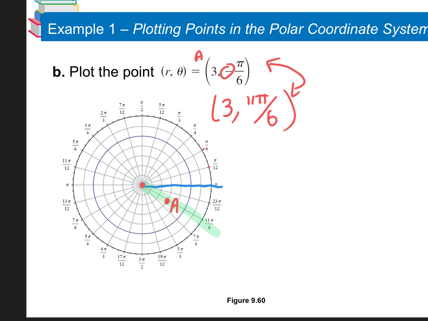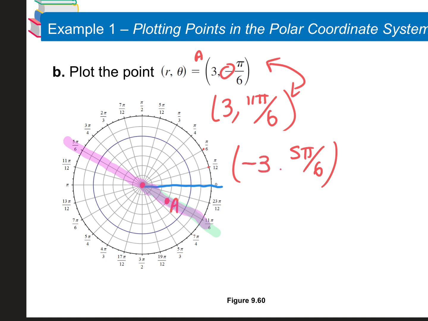Now, if you wanted to find another way to name this point, well, here is my 11 pi over 6. 11 pi over 6 goes right here to 5 pi over 6. So another way I could say that is, okay, well, if I'm going to use 5 pi over 6 as my reference point, think about it. In order to get to point A, if I'm at the pole and I'm looking at 5 pi over 6, instead of going 3 towards it, I went 3 away from it.